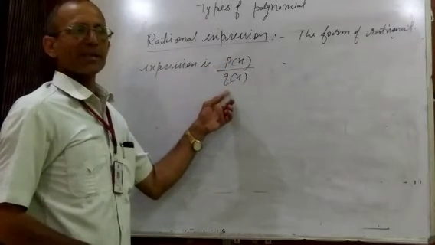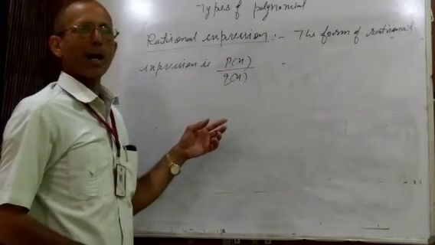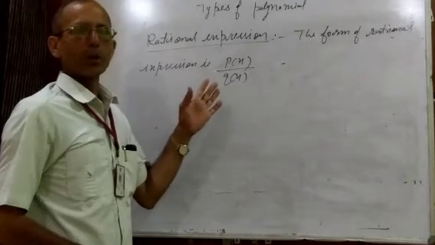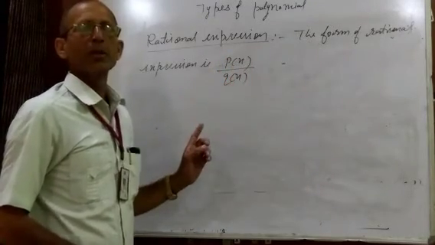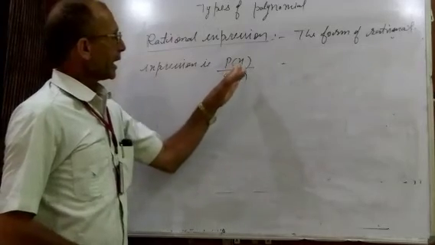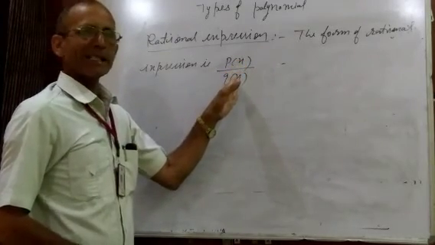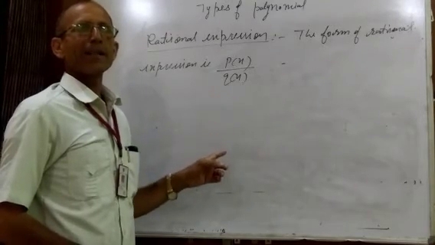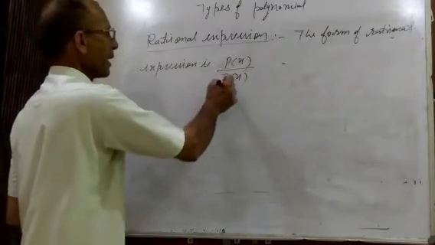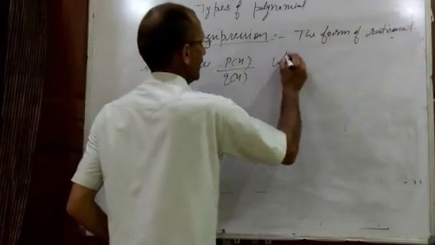I just told you how to denote polynomials. p(x) stands for a polynomial and q(x) is also a polynomial. If any expression is in this form, p(x) by q(x), that is called a rational expression.